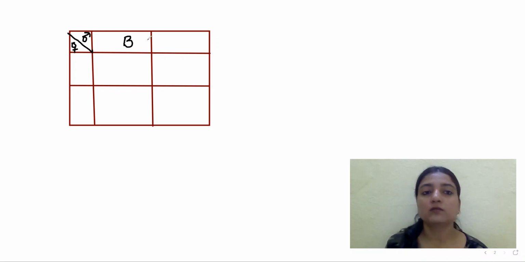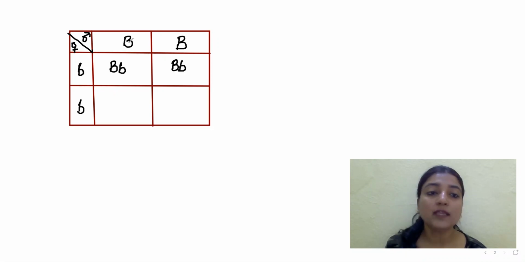So this is capital B, which are the gametes of the parents. Here it will be small b and small b. Now when we cross between them, it will be capital B small b, again capital B small b, capital B small b, and again capital B small b, right?